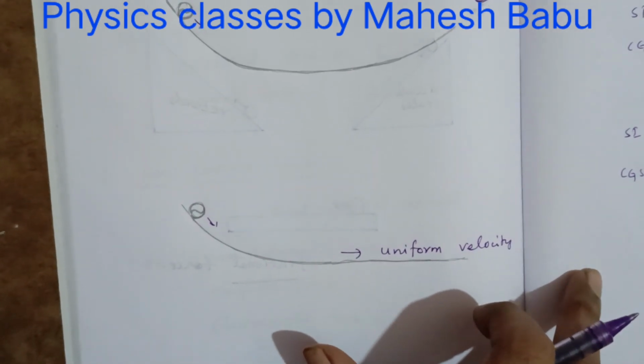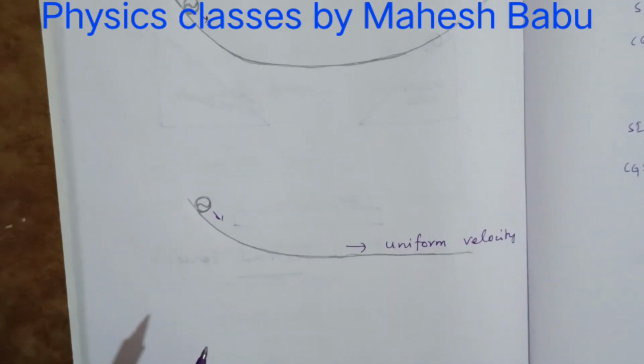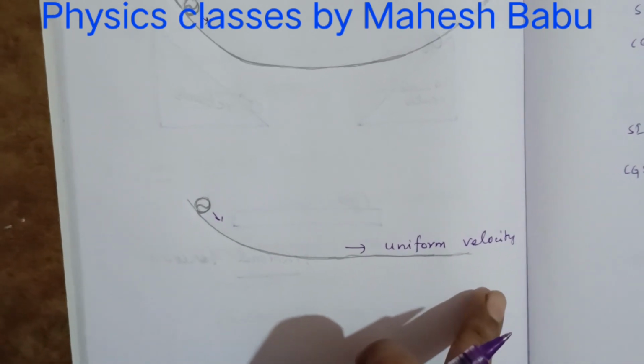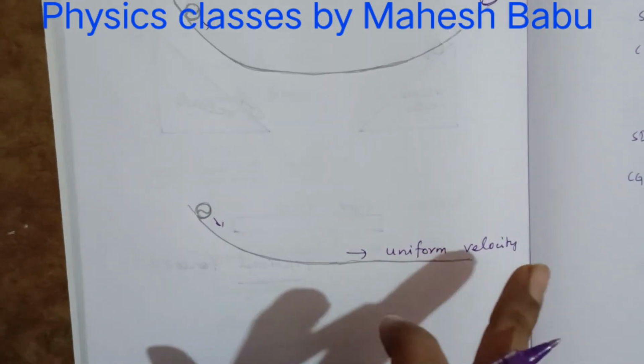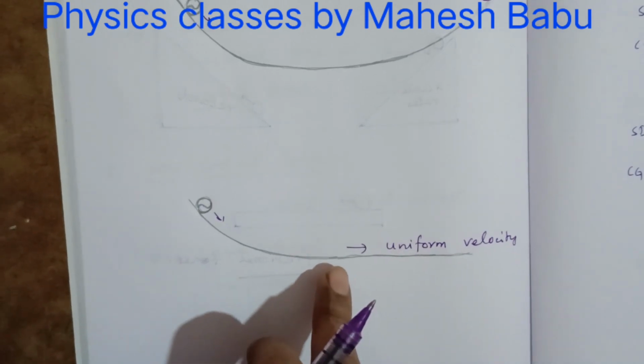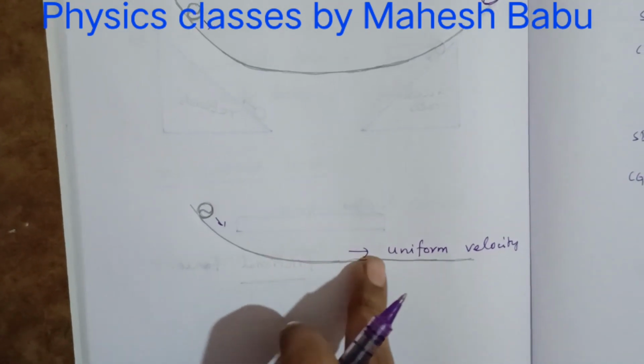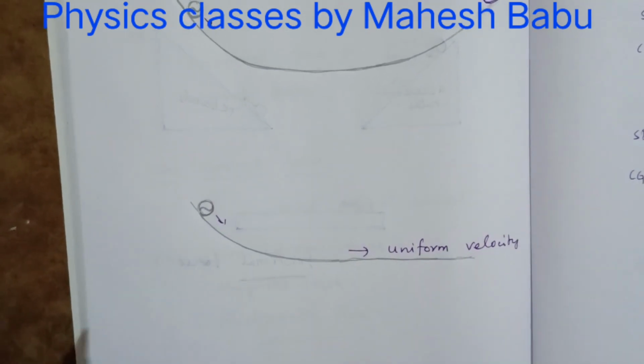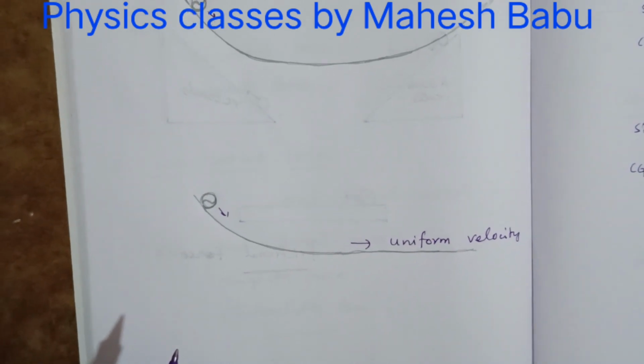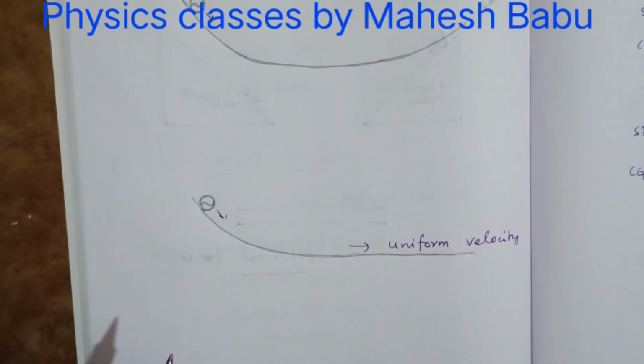Why does it get stopped? That is because of the frictional force. Frictional force is also an external force, no? If that external force is not there, if friction is completely eliminated, it travels continuously with uniform velocity.